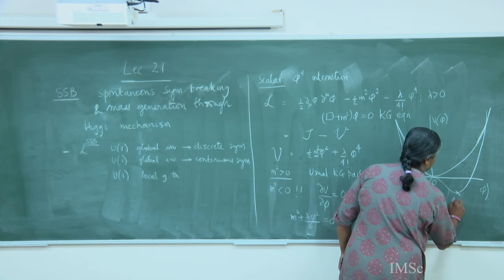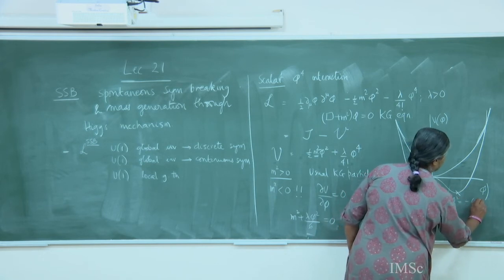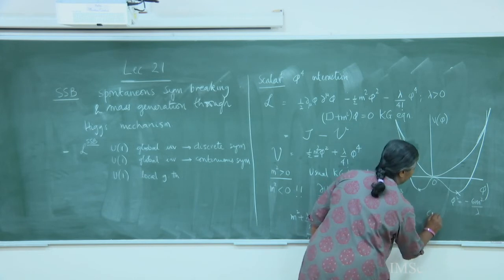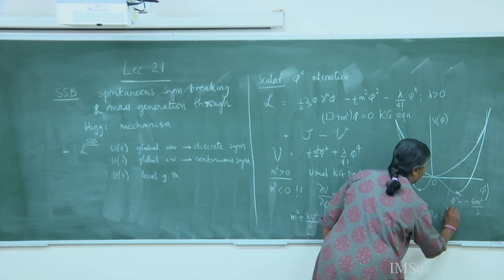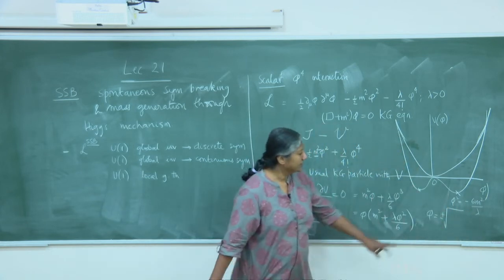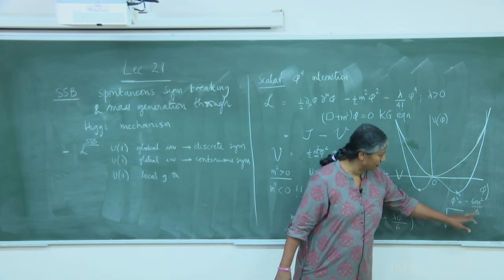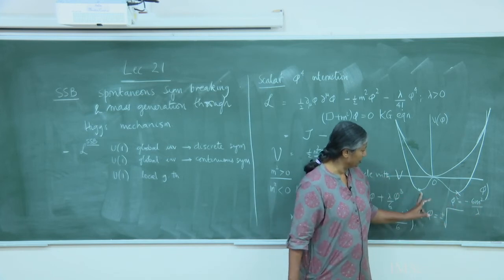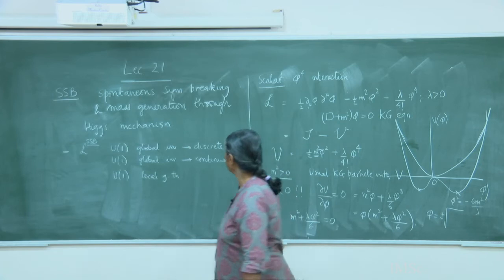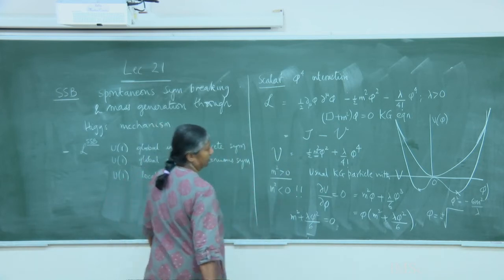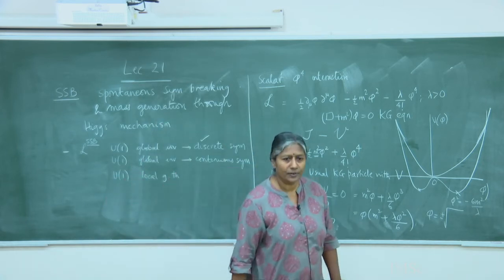This is phi squared is equal to minus 6 m squared by lambda, or phi is equal to plus or minus the square root of this quantity. And since m squared is less than 0, this is a positive quantity and this has 2 discrete solutions. Up till here okay?